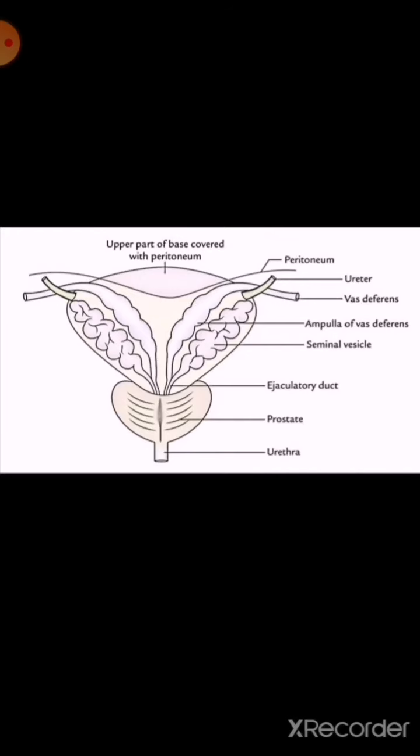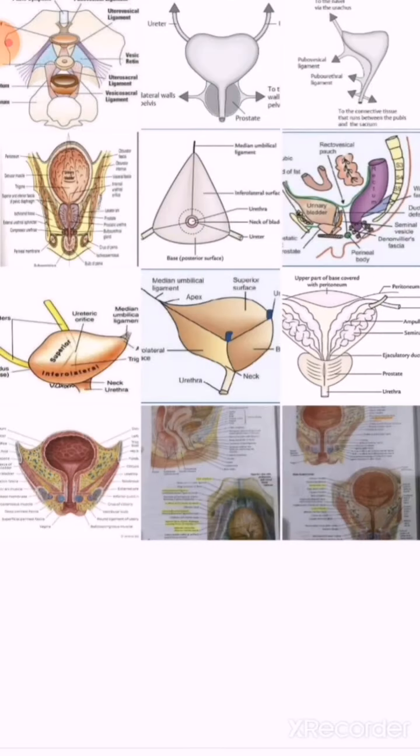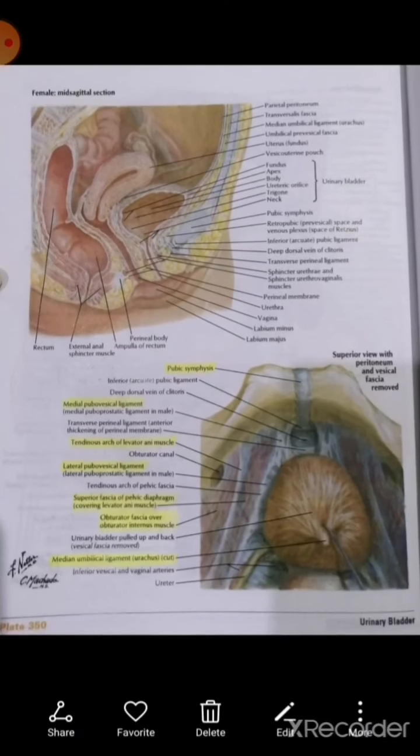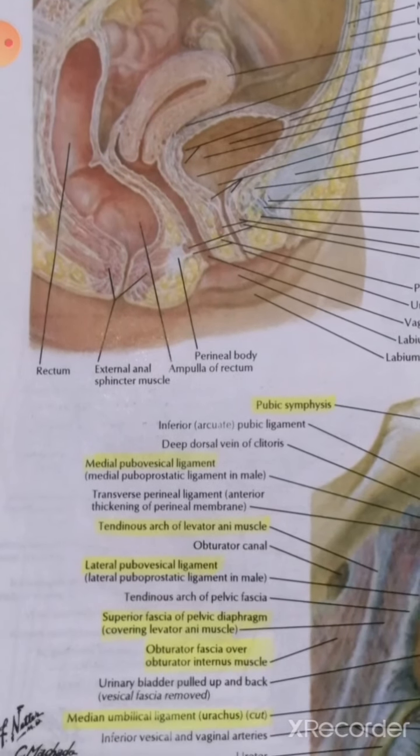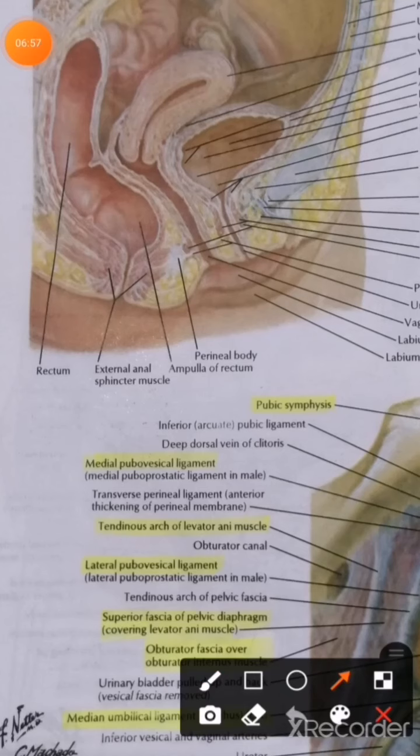Now let's talk about the female. In this image, this is a sagittal section of the female pelvis, and in front you can see quite easily the urinary bladder, and this over here is the uterus. This is the cervix, this part is the vagina.